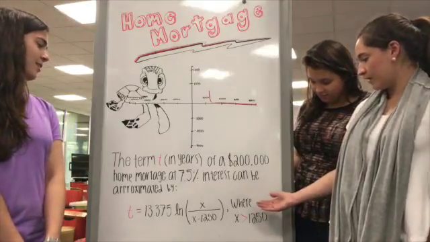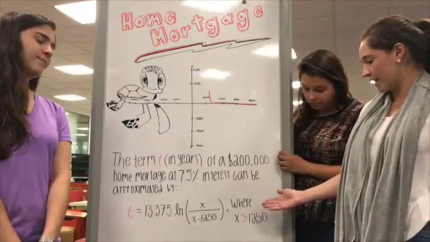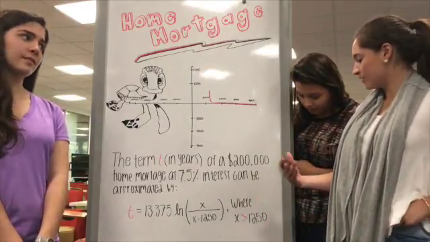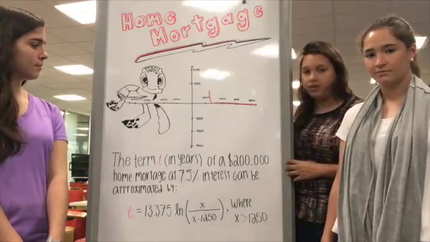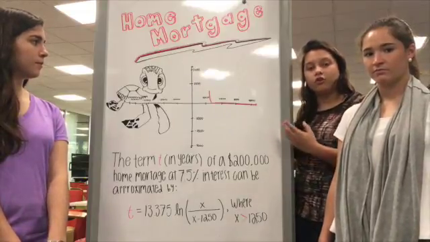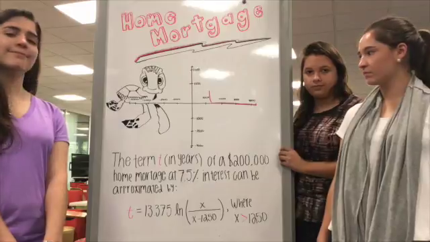It states that this happens where x is bigger than 1,250, and x is the monthly payment that the owners of the house will make.